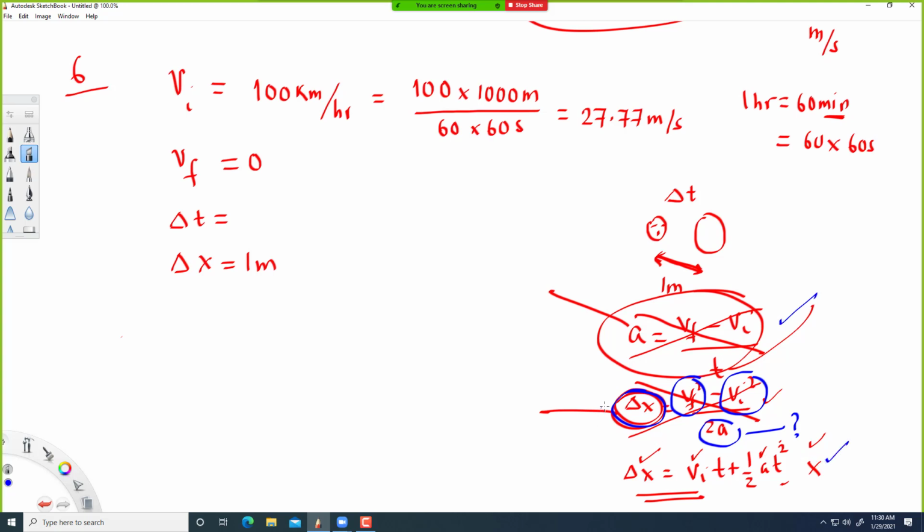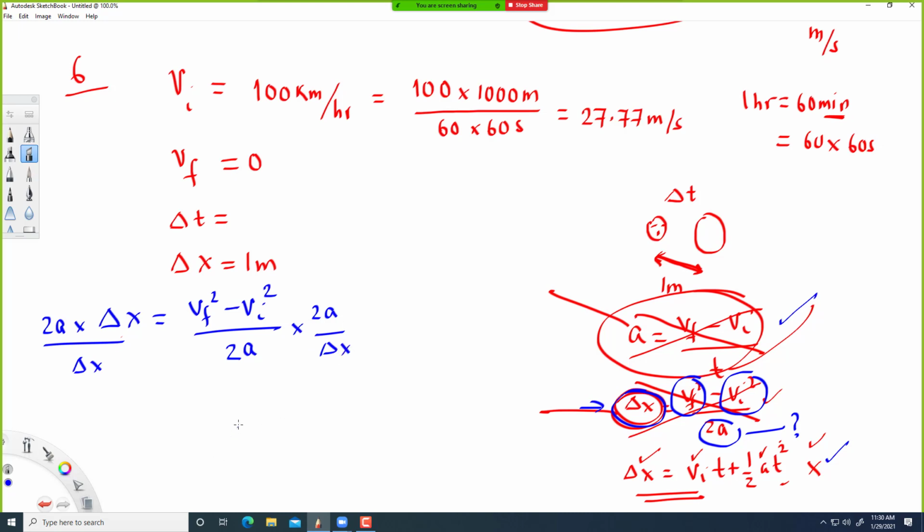So let's use this one first to find acceleration. Delta x is equal to V final squared minus V initial squared over 2A, and I can do the cross multiplication: take this A up here and delta x down here. Or if you want to do the algebra, multiply both sides by 2A and divide both sides by delta x.